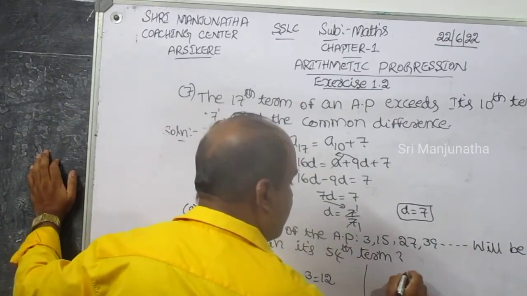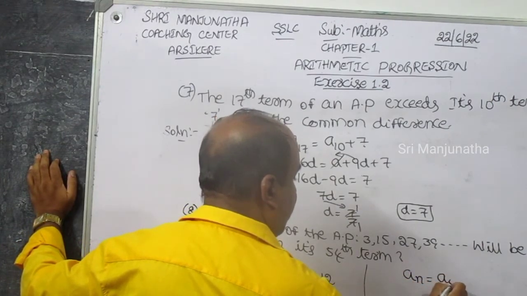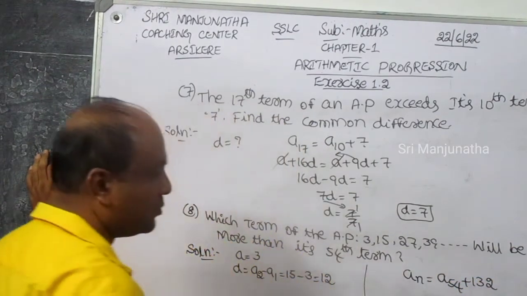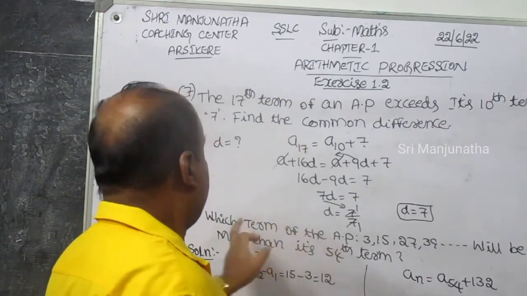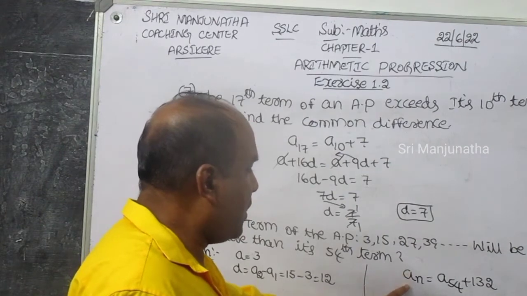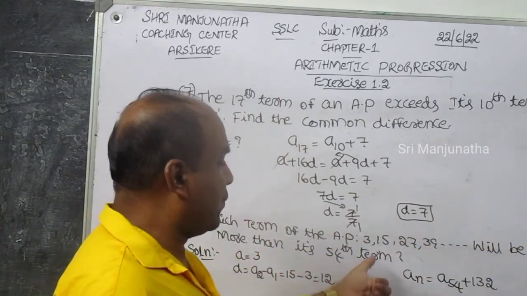An equals A54 plus 132. Okay, is the statement correct or not? I have to check it once again. Which term of the AP will be 132 more than its 54th term?